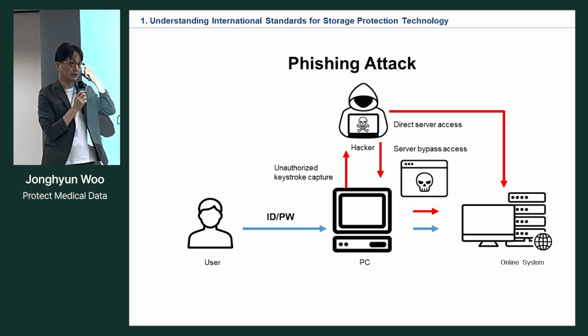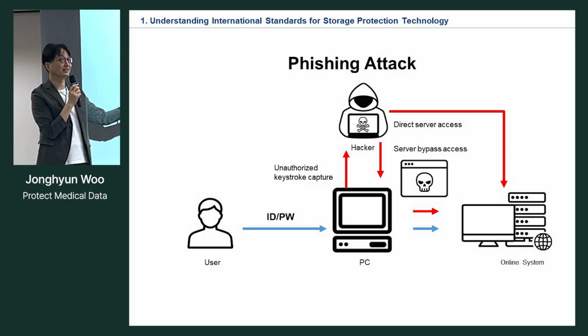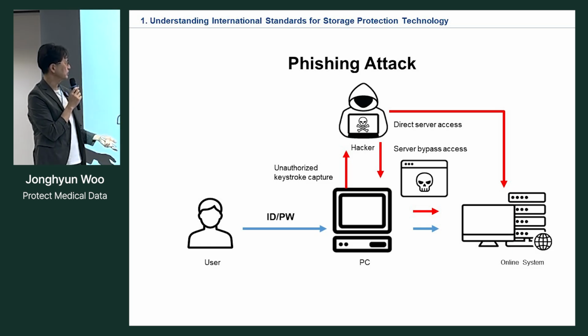Let's recap what it is. The phishing attack is basically someone stealing our credential while we input it into our PCs or servers. While we input it, someone hijacks the credential. They can get into our system and do whatever they want.